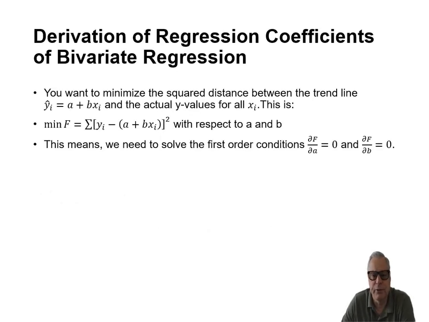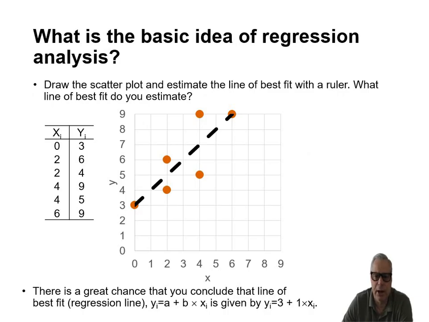We want to minimize the squared deviation from the trend line. If we go back to our example, the line of best fit, the trend line or the regression line, tries to minimize all those deviations of the actual observations from the line.